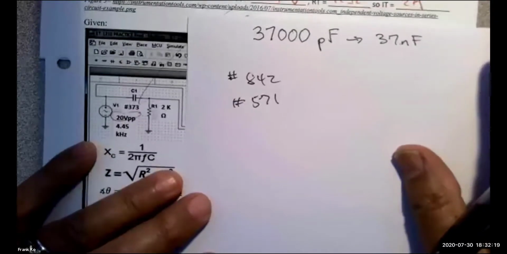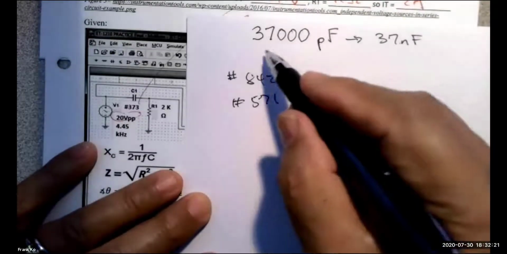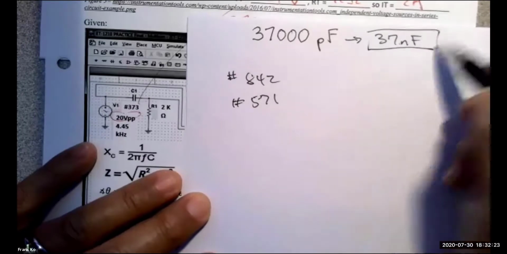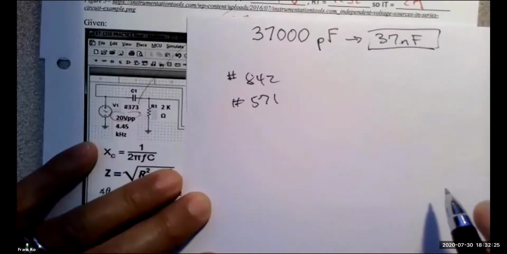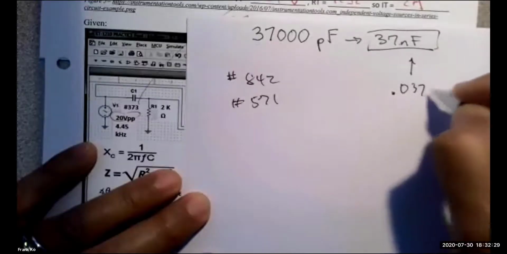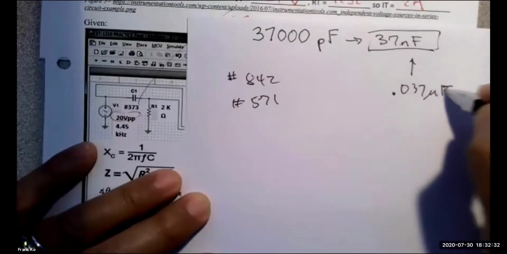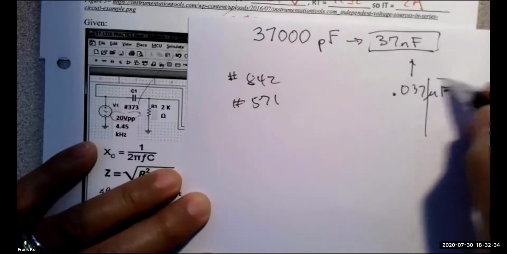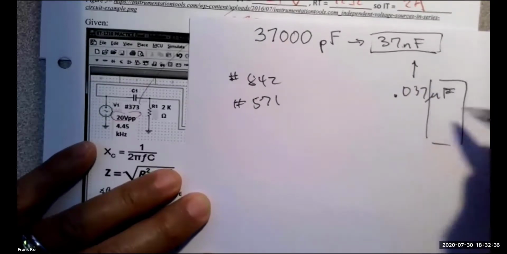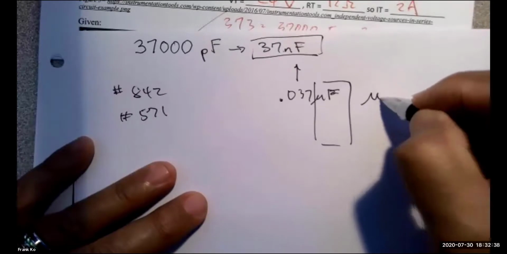But for the time being, if I can get my students to decode the value so that it's 37 nanofarads, I'm pretty darn happy with this. Okay. The industry standard, of course, is 0.037 microfarads because the industry standard is to have these 3 categories. Let me write this a little more clearly.